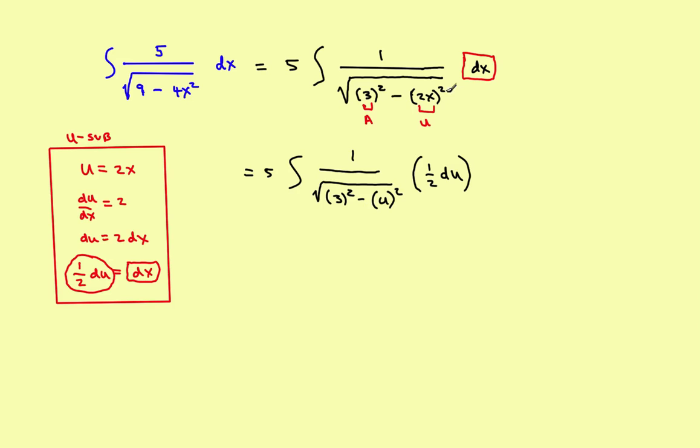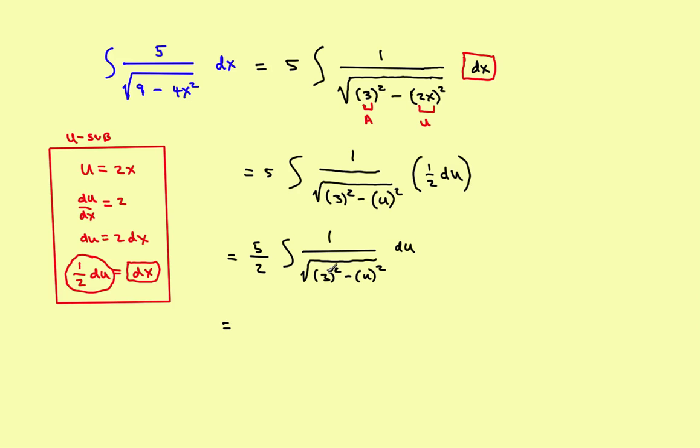So what you've done there is changed it from an x problem into a u problem. But for the formula to work, you can't have a more complicated x in here than just an x. So use u substitution. Now the next thing to do, take the 1/2 and bring it to the outside of the integral. So that's going to give you 5/2 times the integral of 1 over the square root of 3 squared minus u squared du.